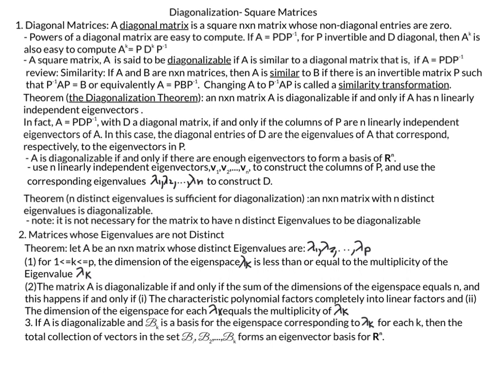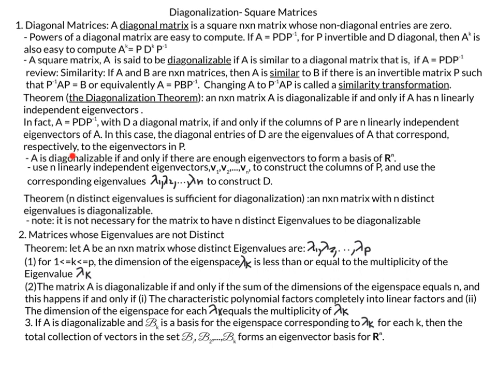We talked about three theorems that help us determine if a matrix is diagonalizable. The first one says that an n by n matrix A is diagonalizable if and only if A has n linearly independent eigenvectors.